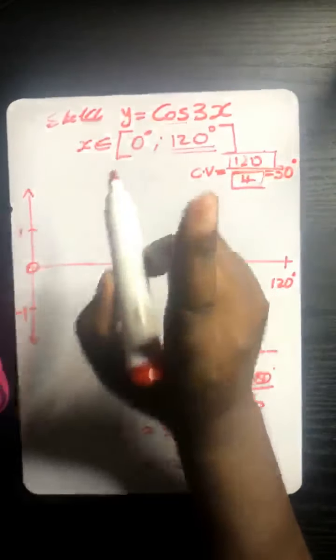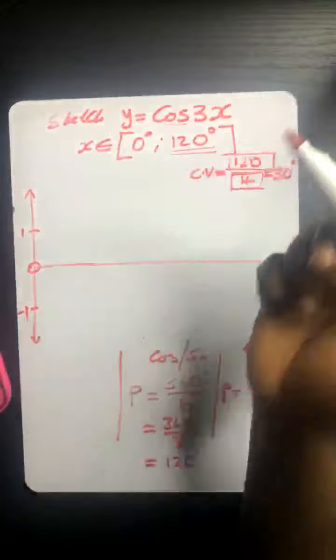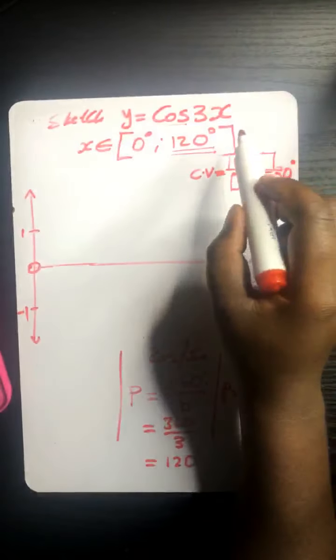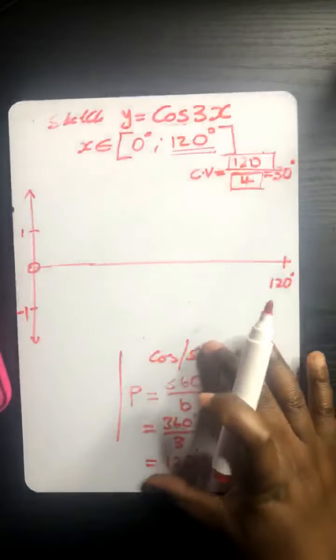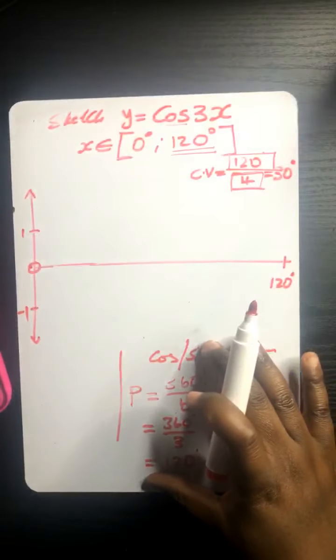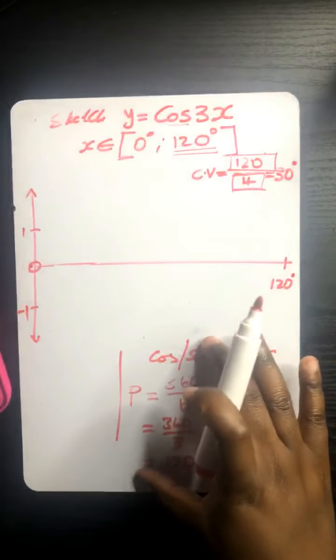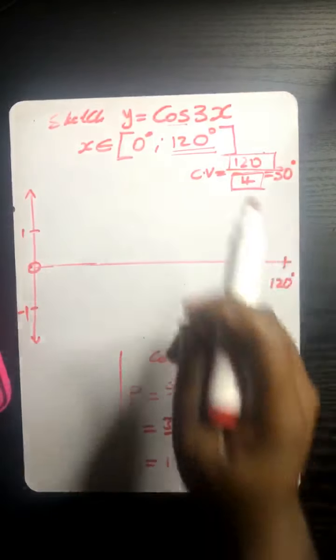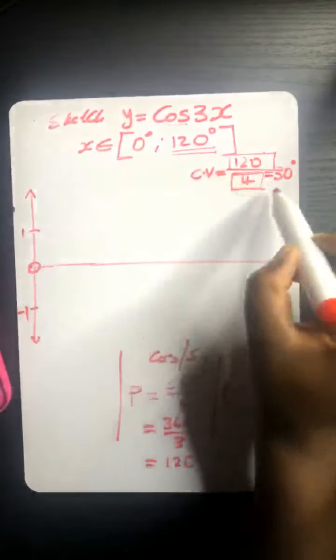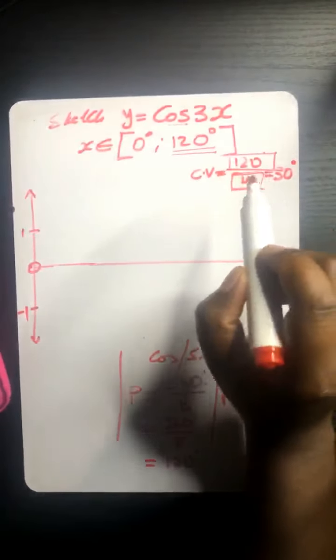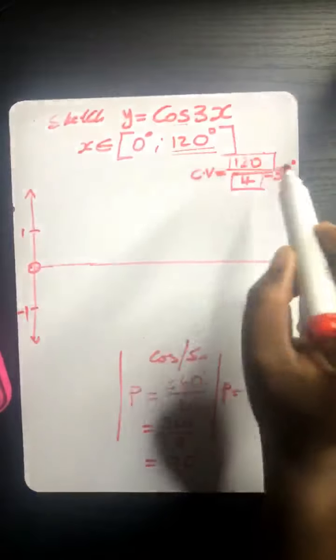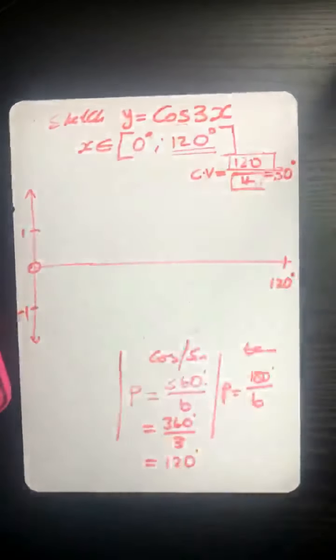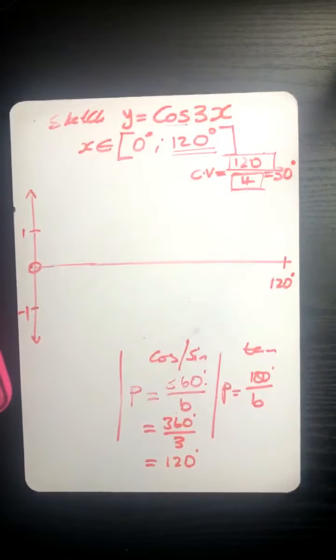But just remember on your next explanation, explain if your 120 came from this calculation and not just say 120 divided by 4, because we're no longer sure where it comes from.